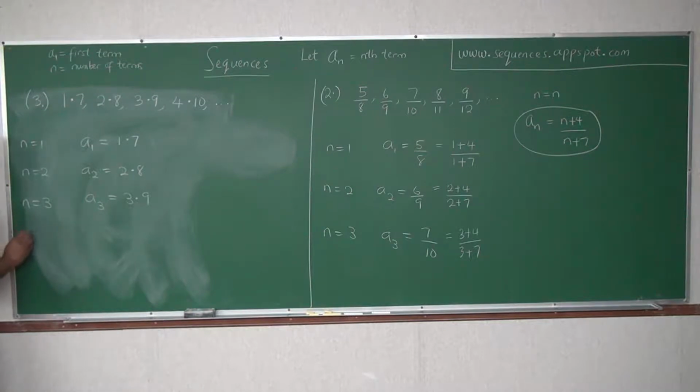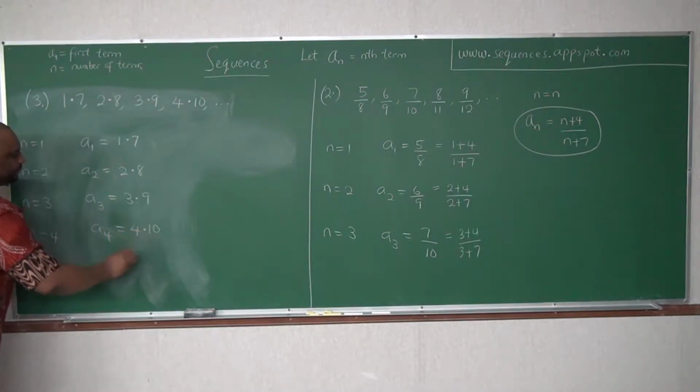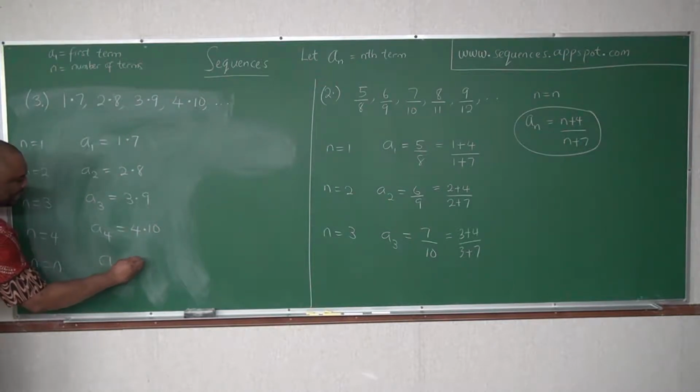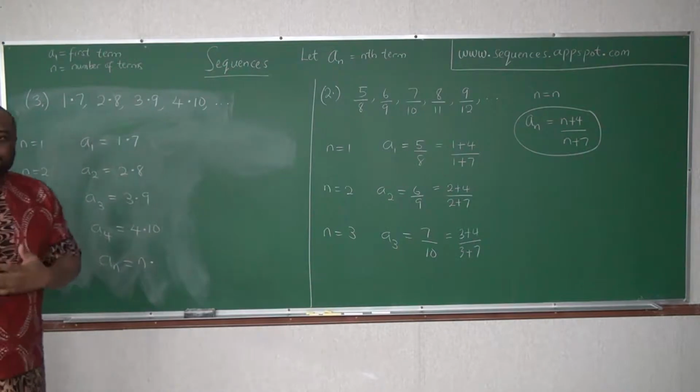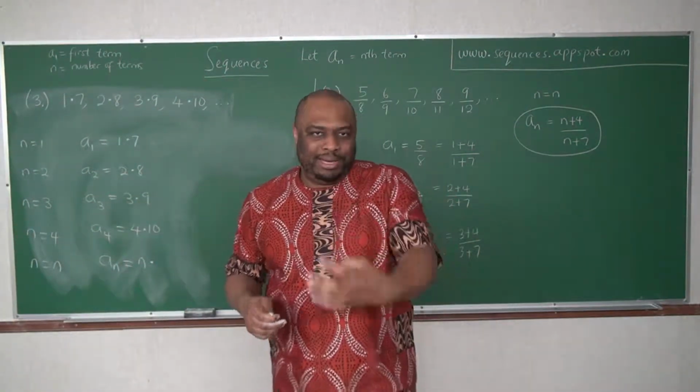When n is 4, the fourth term is 4 times 10. As you can see here, there is a relationship: 1, 2, 3, 4. So when n is n, the nth term is n times something. Now let us try to see what it is.